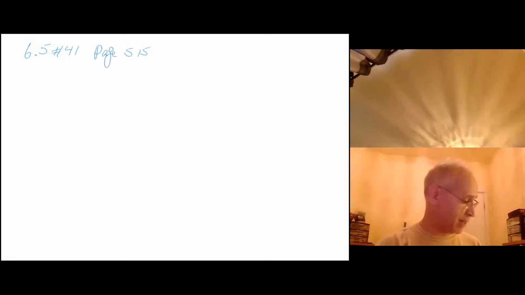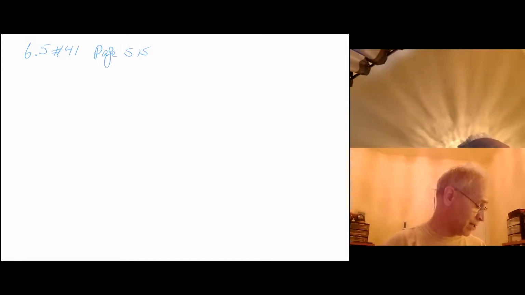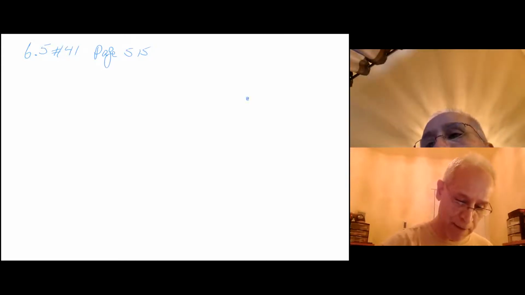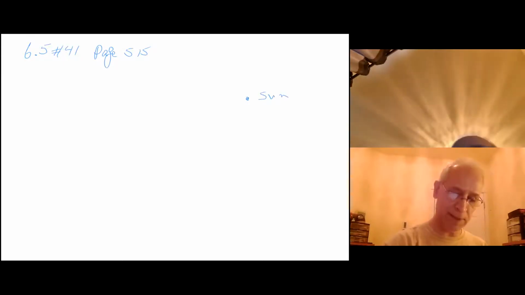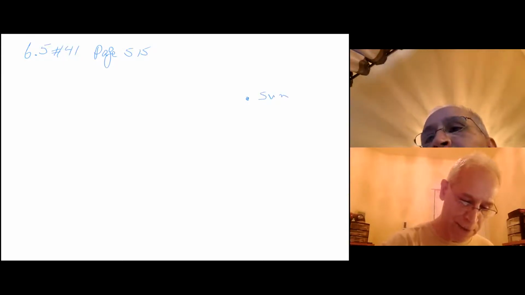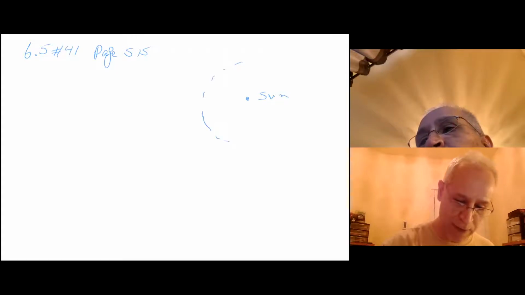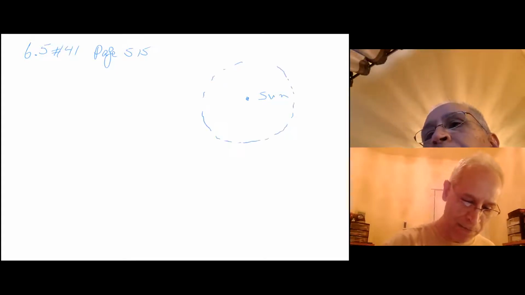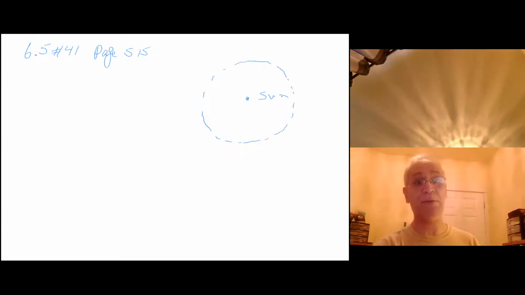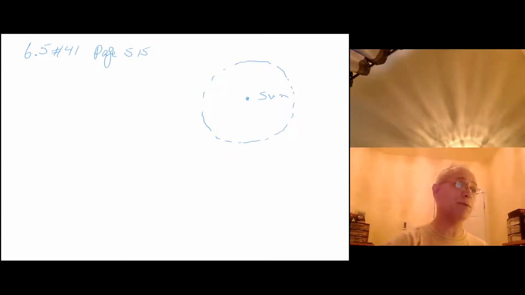There's a really nice drawing on that page that I invite you to look at. But the gist of it is that here's the sun, and around the sun we have Venus moving around the sun. Please pretend this is a perfect circle. I know it's not, but pretend it is.